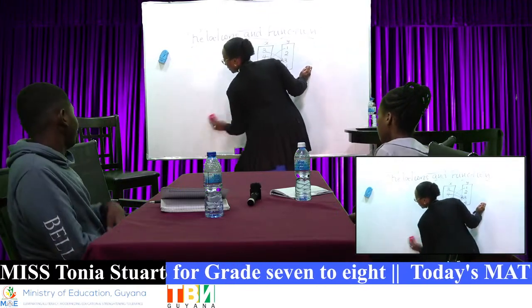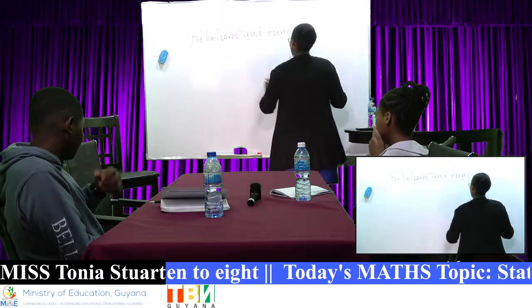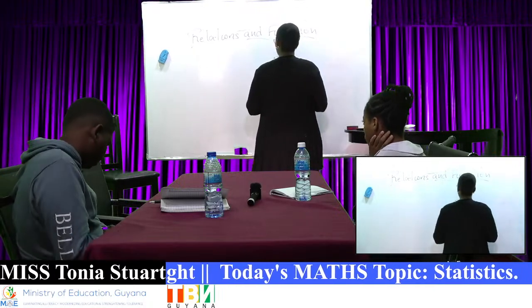So remember when we started, I said to you about the order pairs? Good. So we're taking the order pairs out of the mapping diagram.